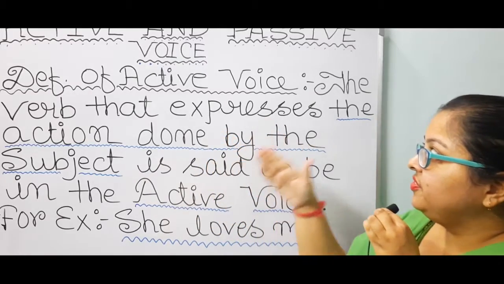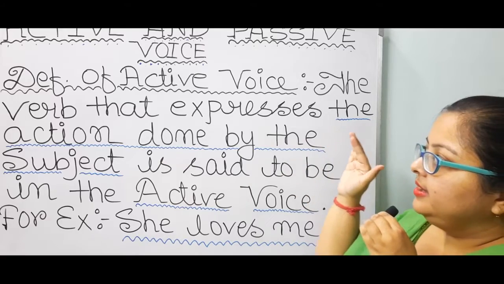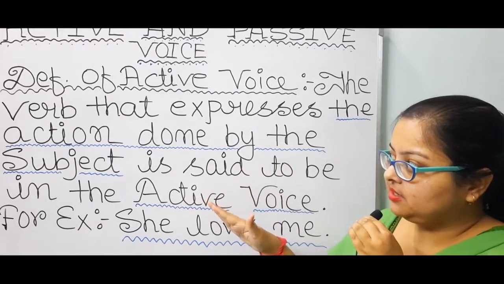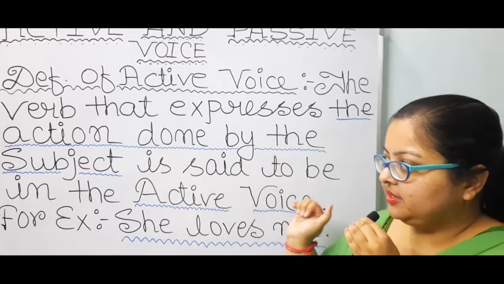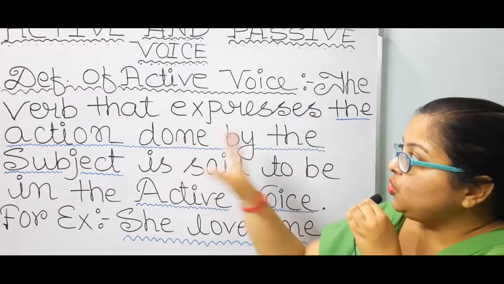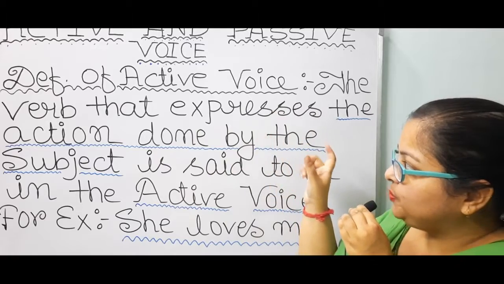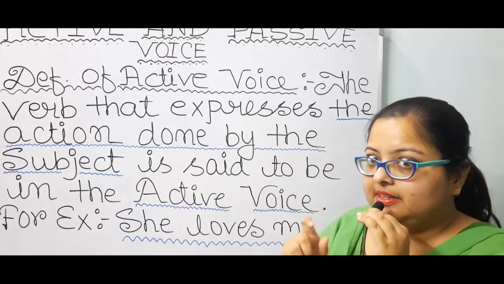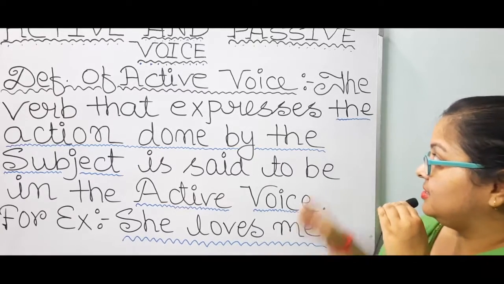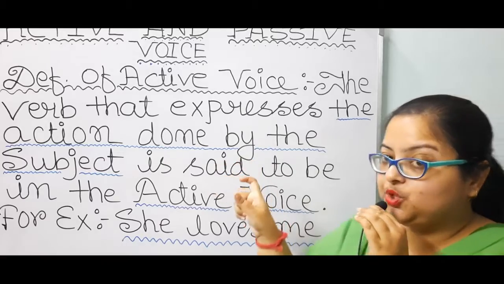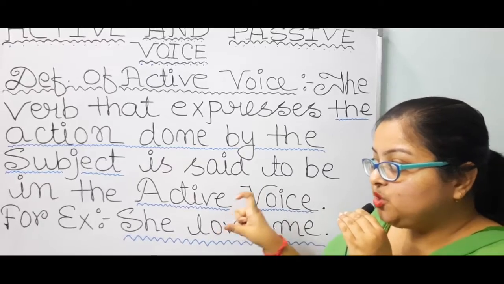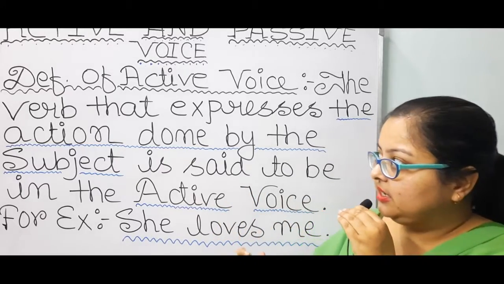Definition of active voice. The verb that expresses the action done by the subject is said to be in the active voice. For example, she loves me. Here the verb specifically expresses the action done by the subject directly.